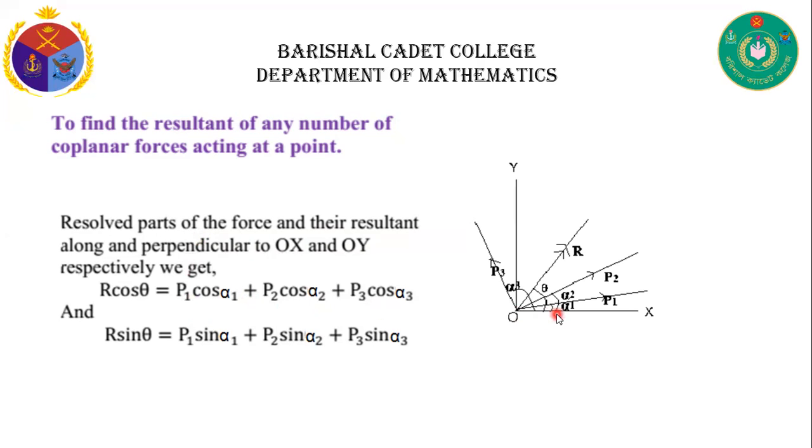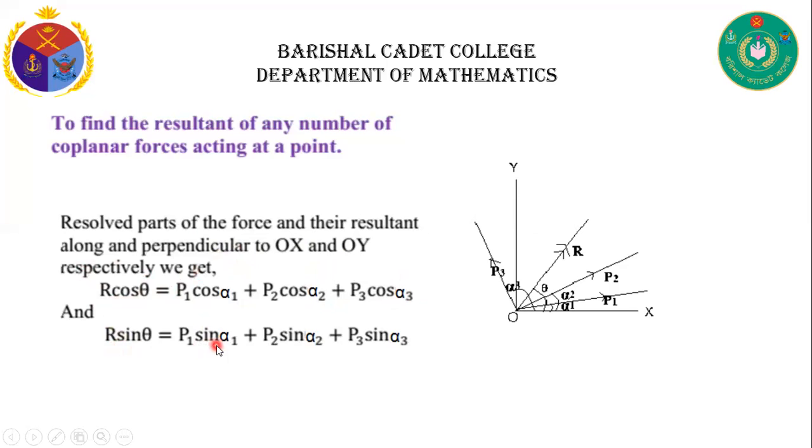P1 cos alpha 1 is the resolved part of force P1, P2 cos alpha 2 is the resolved part of force P2, and P3 cos alpha 3 is the resolved part of force P3. So the resolved part of the resultant equals the sum of the resolved parts of all forces. This is along the x-axis.